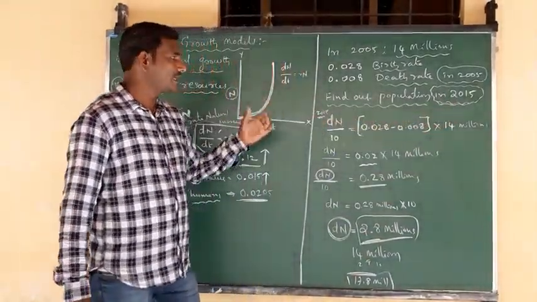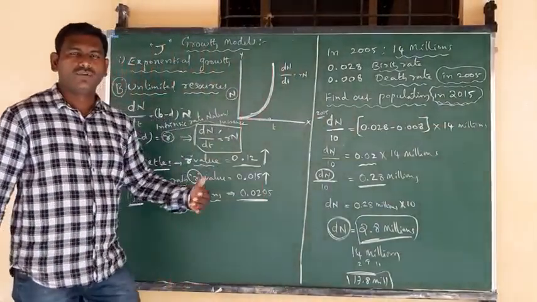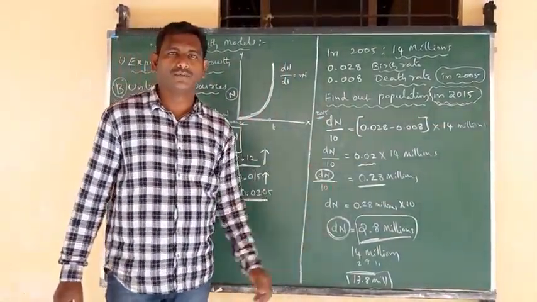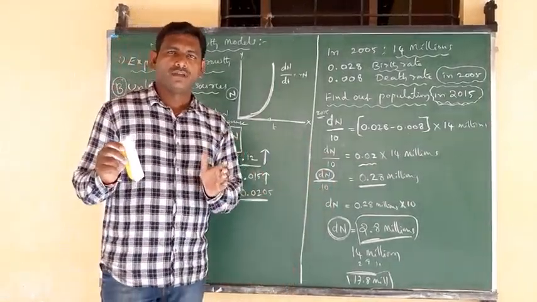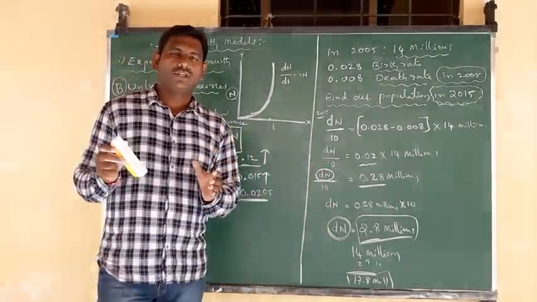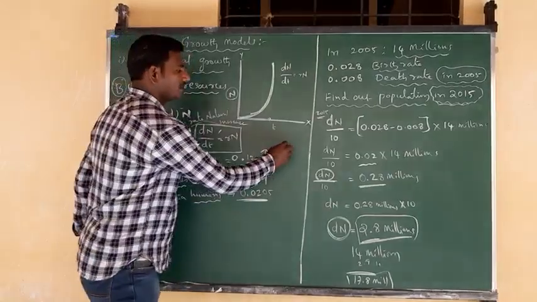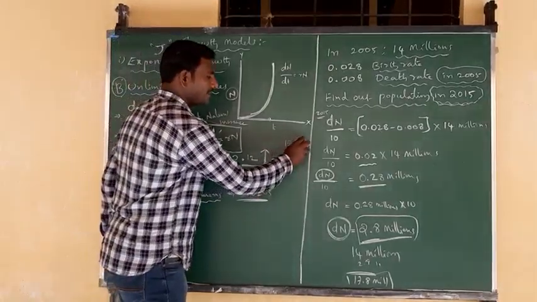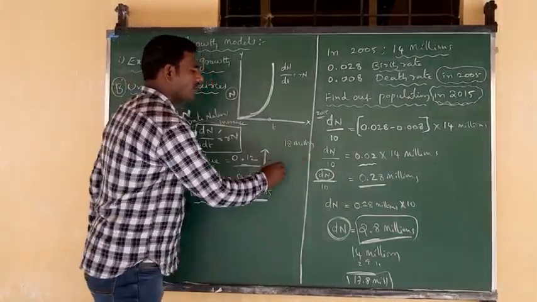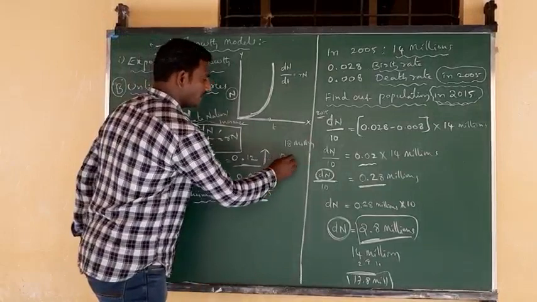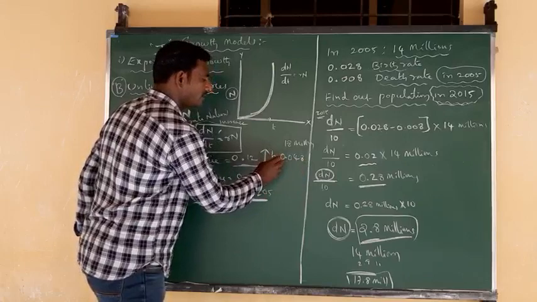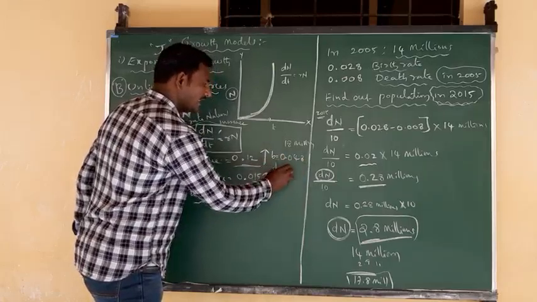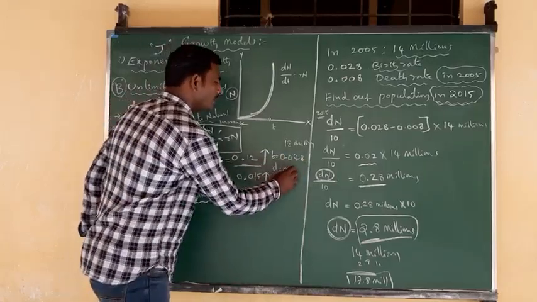So by using this exponential equation, we can identify the future population. For example, this is 2021. In 2021, the total population is 18 million, for example, where the birth rate, small b, is about 0.048 and the death rate is about 0.028.